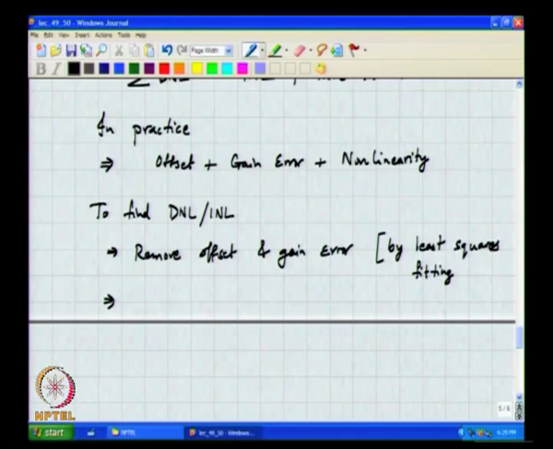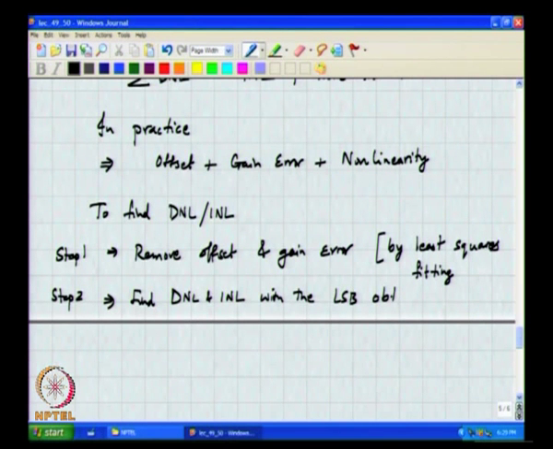And once you remove offset and gain error, you can find the DNL and INL with the step size obtained from step 1, the LSB obtained from that. Does make sense.